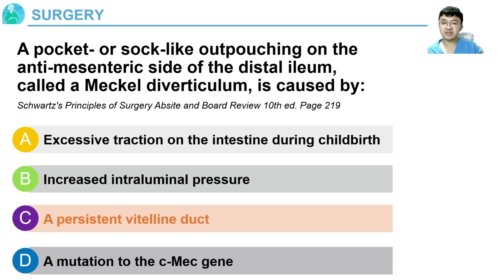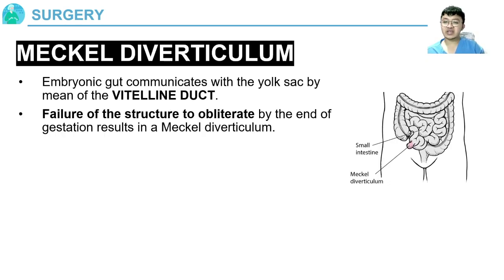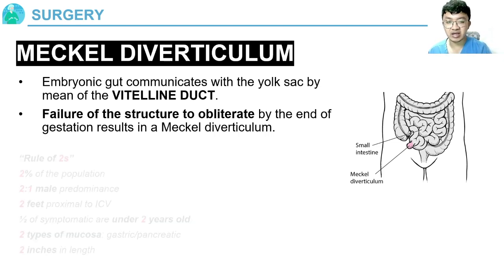Okay? So Meckel's diverticulum is when you have persistence of the vitelline duct, which is actually communication of the gut of the fetus with the yolk sac. So if they fail to obliterate, you call them Meckel's diverticula.